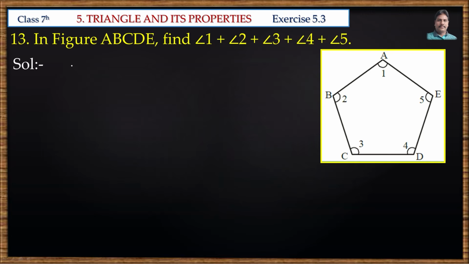First of all, we will divide this figure into 3 triangles by joining A comma C and A comma D with 2 lines.